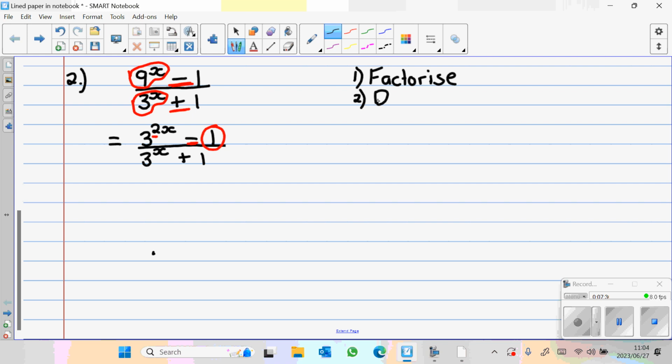So if you have different exponents or different ground numbers and exponents, then you have a choice.